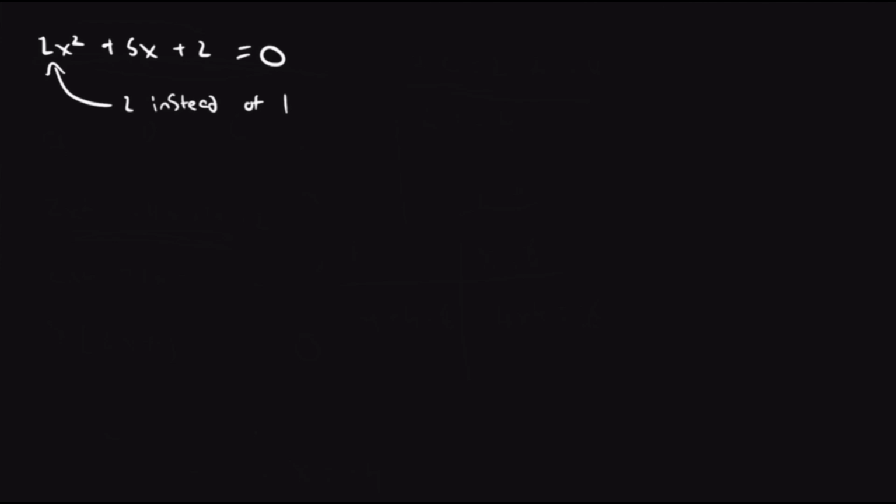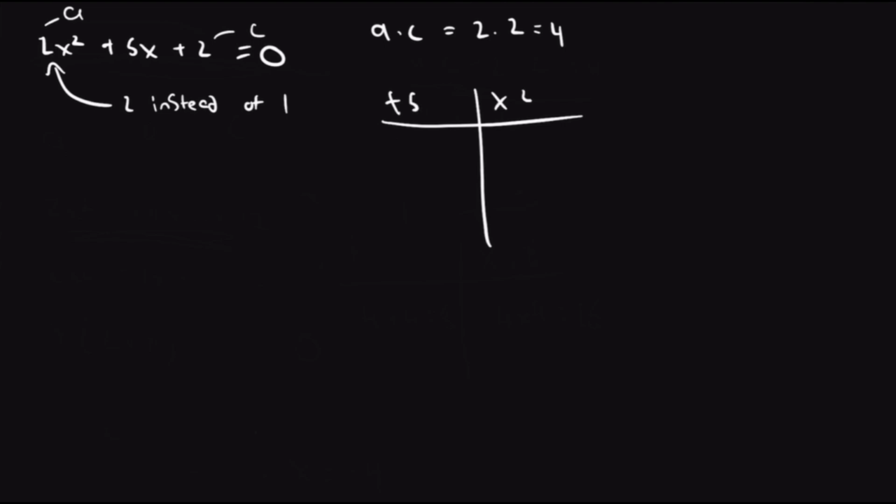So what we need to do is notice the 2 at the front, which is the a value, and here is what we call the c value. We need to multiply them together to get a times c, which is equal to 2 times 2, which is just 4. So this is the number we must find that multiplies. We need two numbers now that add up to 5 and multiply to 4.